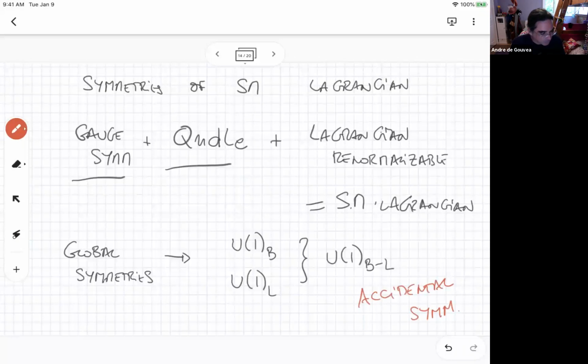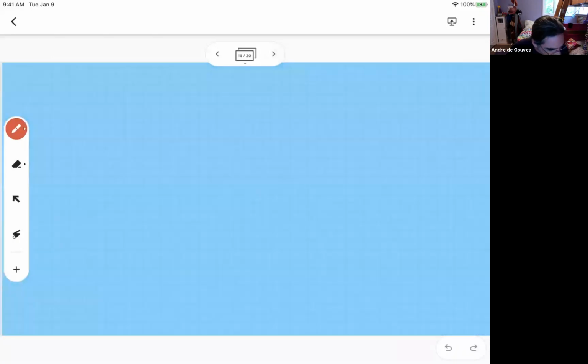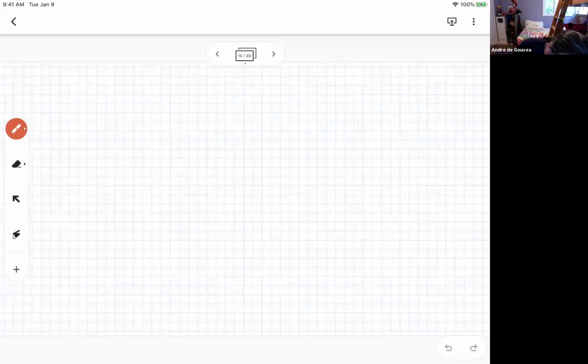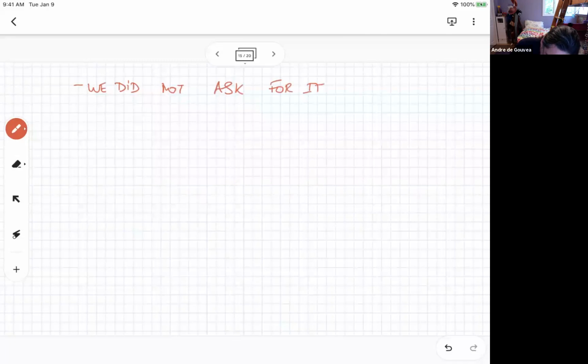Okay, so let me say a few words about accidental symmetries. What does it mean to be an accidental symmetry? It means we didn't ask for it. It kind of just happens. So that's one comment. What does that mean?